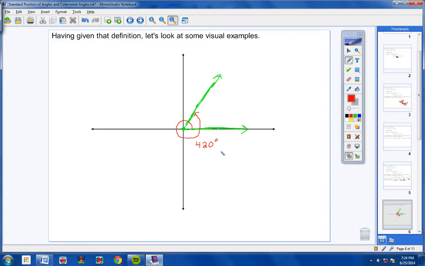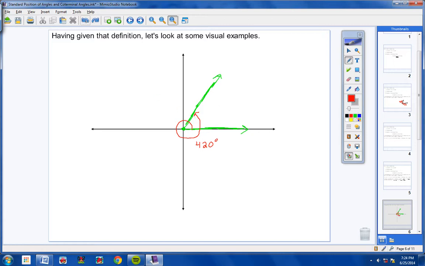That's very standard in trigonometry. And is this angle in standard position? Well, you tell me. Is the vertex of the angle at the origin? Yes, it is. Is the initial side where you're starting at, does it lie on the positive x-axis? Yes, it does. So this is an angle that is in standard position that is bigger than 360 degrees.